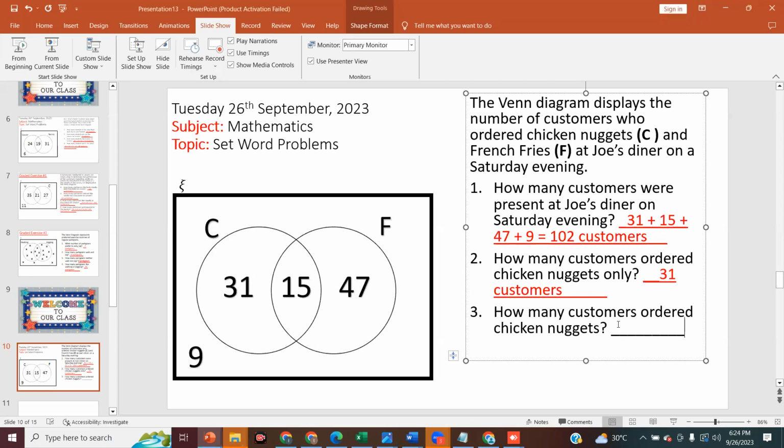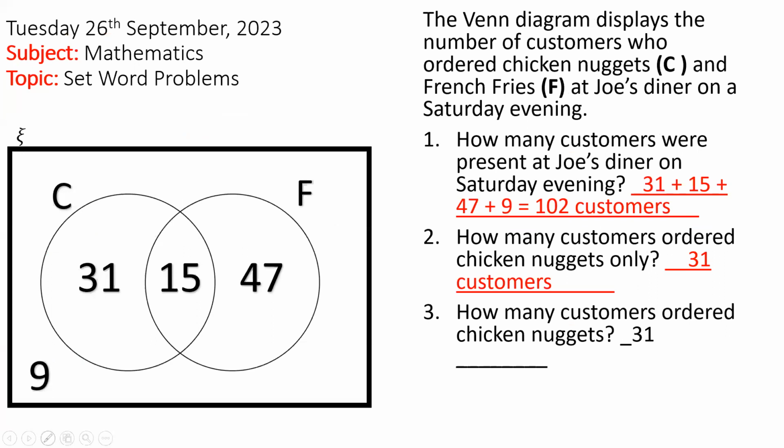All right, very good. So 31 is chicken nuggets only. But if we want all of chicken nuggets, and like Natalia said, that includes people who have chicken nuggets and fries as well, because they say chicken nuggets.